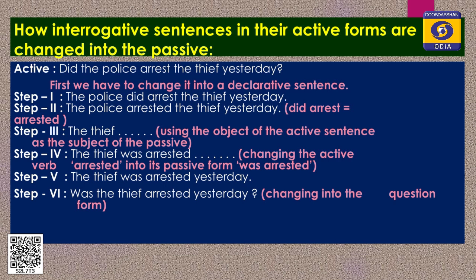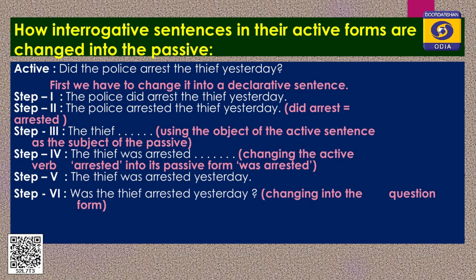The thief was arrested by the police. Usually we ignore the by because it is general, it is understood. That is why the thief was arrested yesterday, and when we change it into a question, we can say was the thief arrested yesterday. So, these are the steps to be followed to make the interrogative sentences passive.